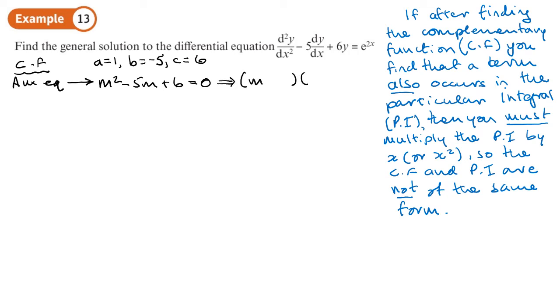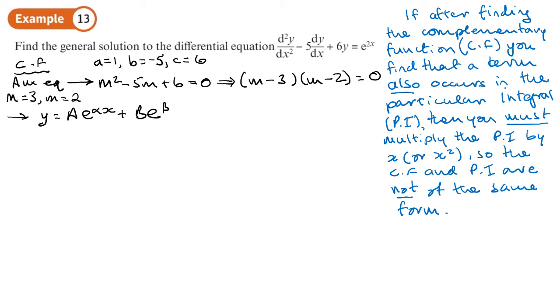So if I factorise this, I think I've done something like this before, it's -3 and -2. So m equals 3, m equals 2. So that means the form of my complementary function is going to be of the form y equals a e to the alpha x plus b e to the beta x, where alpha is 3 or 2 and beta is 3 or 2.